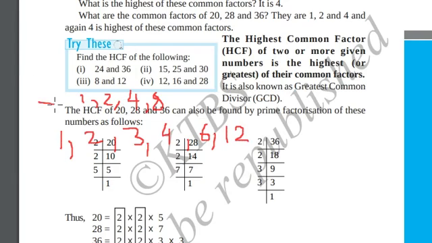We have 4 factors for 8 and we have 6 factors for 12. What is the highest common factor between these two numbers? You can see 4 is the highest factor between these two numbers. So 4 is the HCF of these two given numbers.